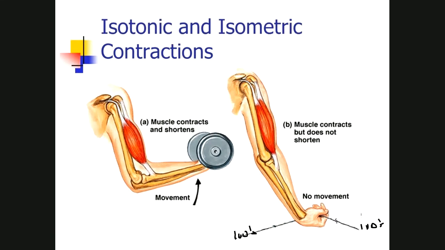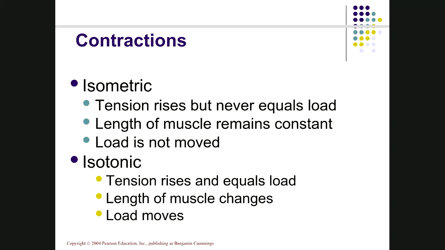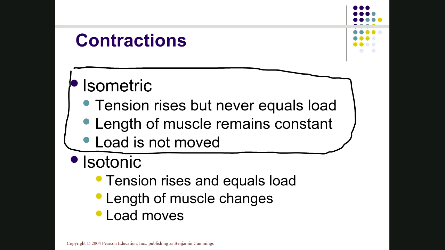But I can't reach the tension necessary to lift this, and so the muscle does not shorten. So in isometric, the tension goes up, but it never equals the load. The load is not moved, and so the length of the muscle remains unchanged.